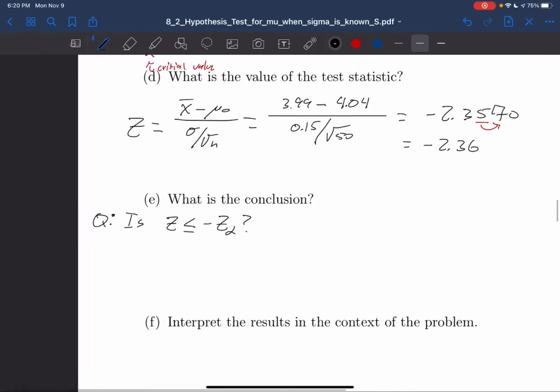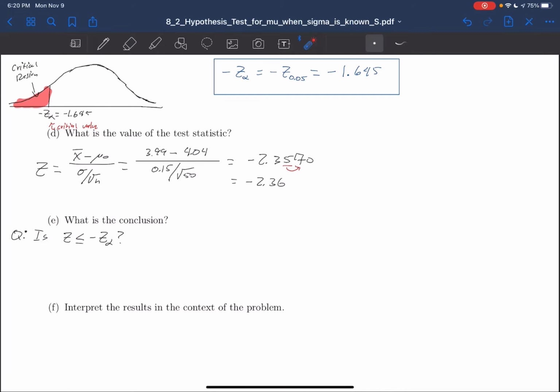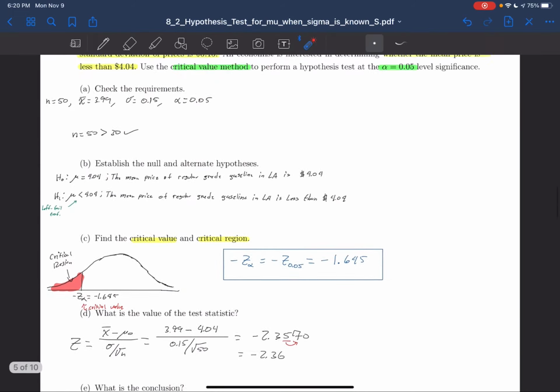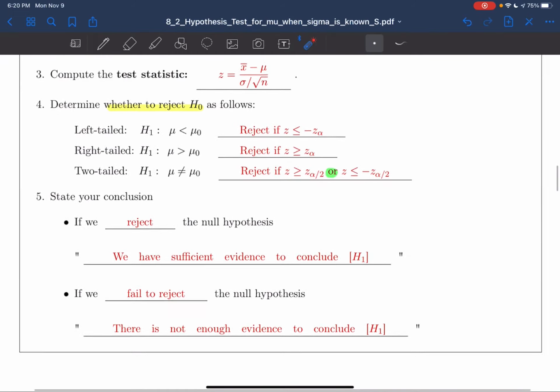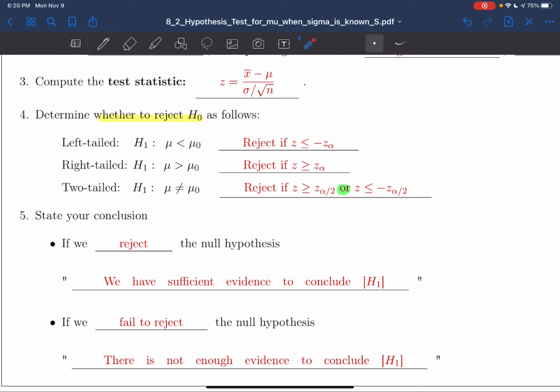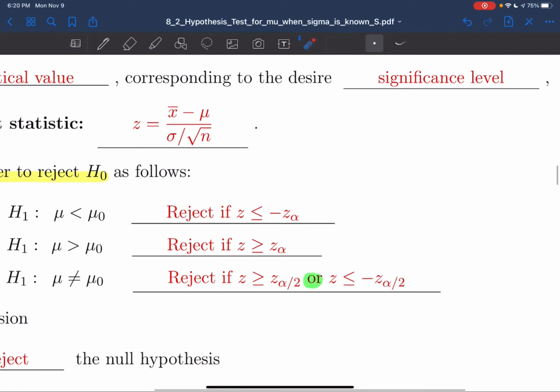Question mark. So how did I get this? Well, remember in our step here, since we're dealing with a left tail test, we reject if our test statistic z is less than or equal to negative z of alpha. Sorry.